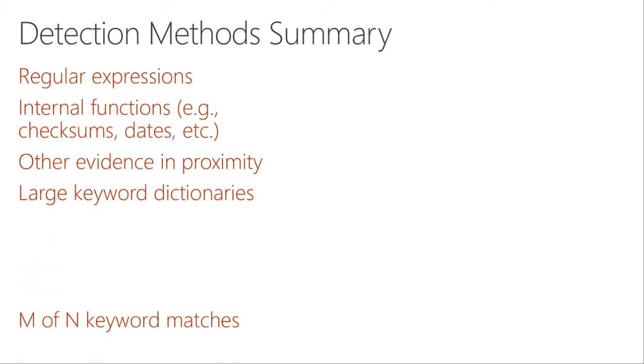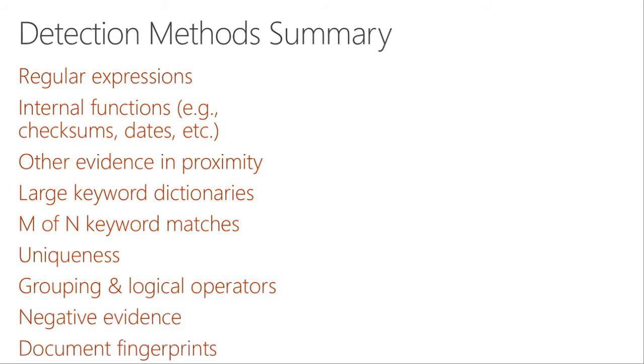We showed a couple different methods of detection here, but there's a whole bunch of richness in these sensitive types we didn't have time to cover. Now, we talked about regular expressions and functions and all kinds of other things, but there's a bunch of other stuff that you can go do. One of the things I didn't mention here is that all matches now are unique.